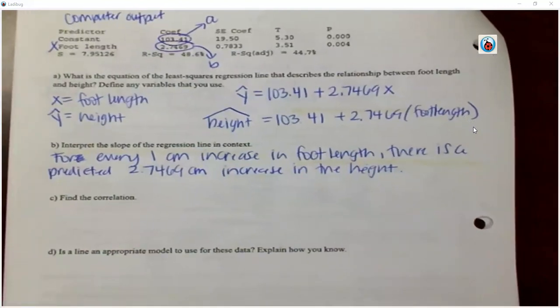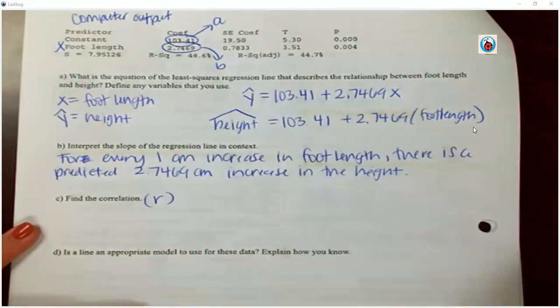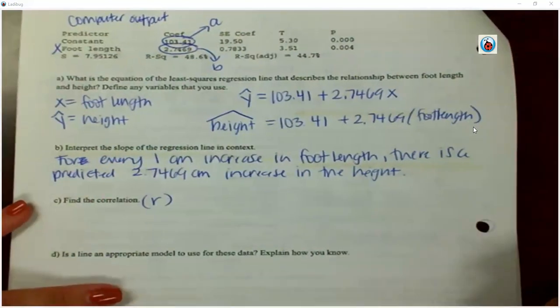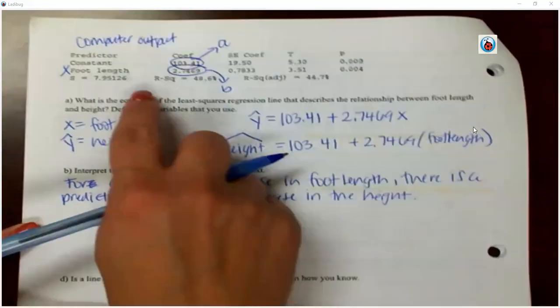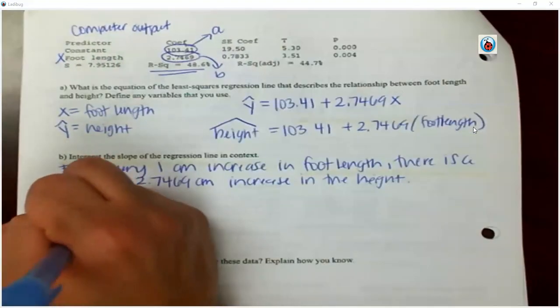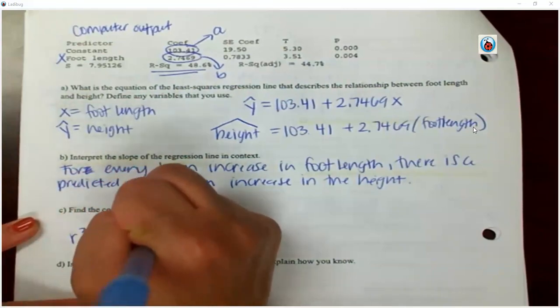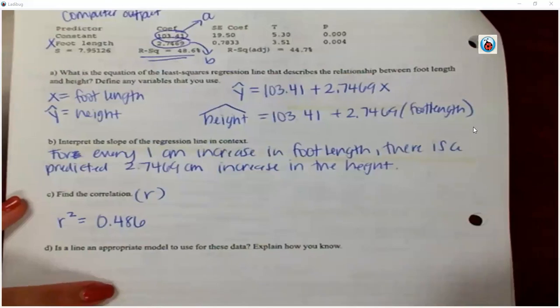Now, part C says to find the correlation. Well, when I'm referring to the correlation, that means I basically need to find R. Well, we don't have the data to actually put this in the calculator, but we do have a computer output, which gave us an R squared. So they tell us that R squared equals 0.486 because they gave us the 48.6%.